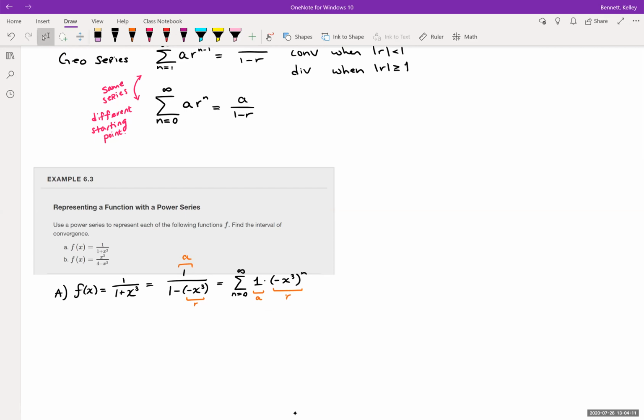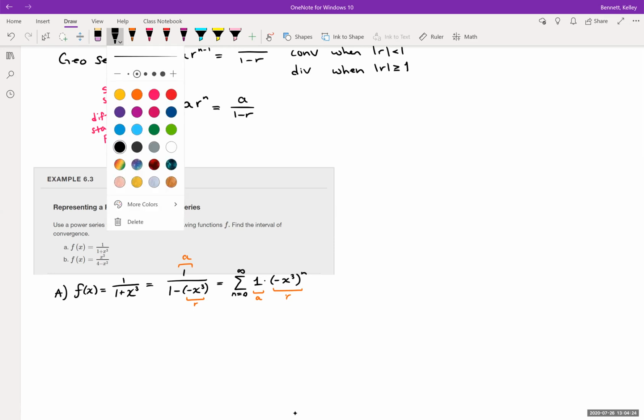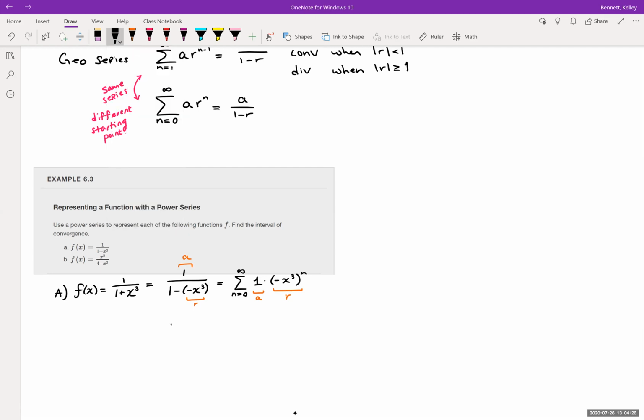Now that I have it as a power series, and I also have it in the form of a geometric series to boot, I can say when this thing will converge. So now I want to talk about convergence. This is a geometric series with r equal to negative x cubed.